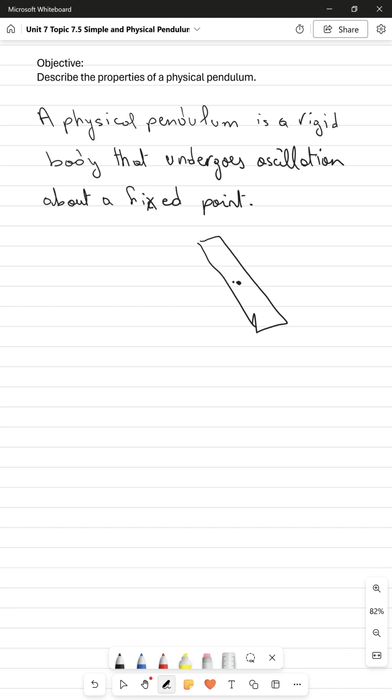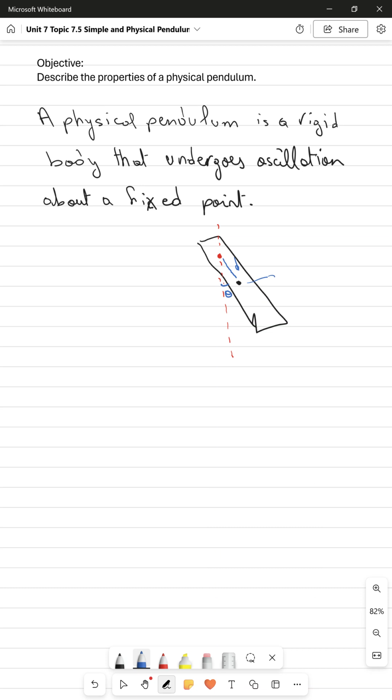So we have here that's the center of mass. And let's say I have here a point, so that's the point of oscillation. So we can draw it like this, and we'll have an angle theta here. We are going to have here a distance d, and it's going to have a length L, as you know.